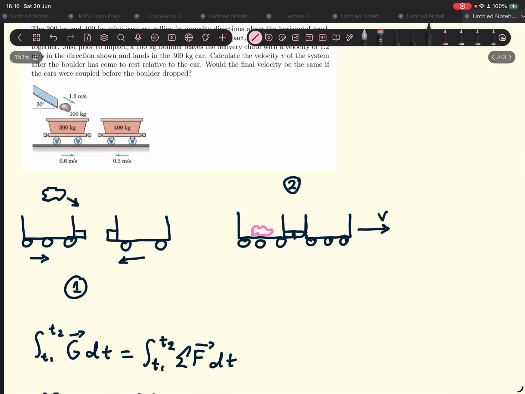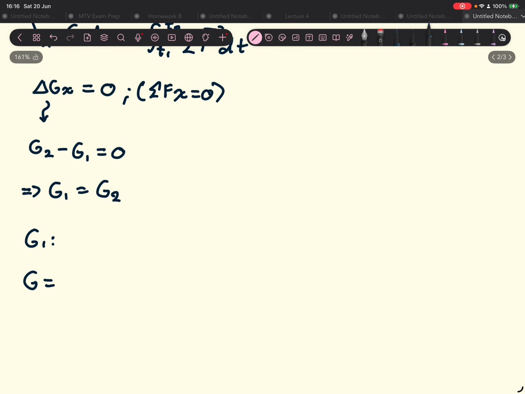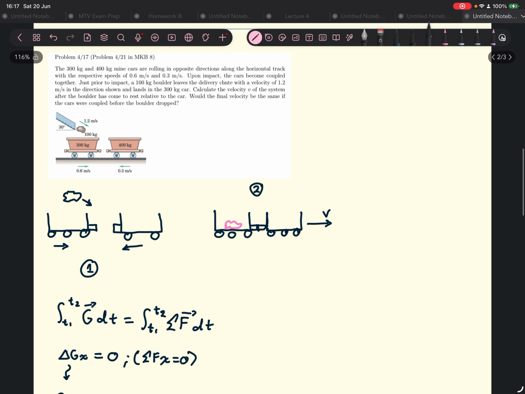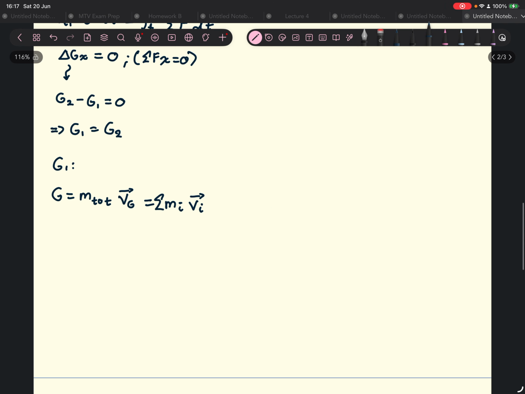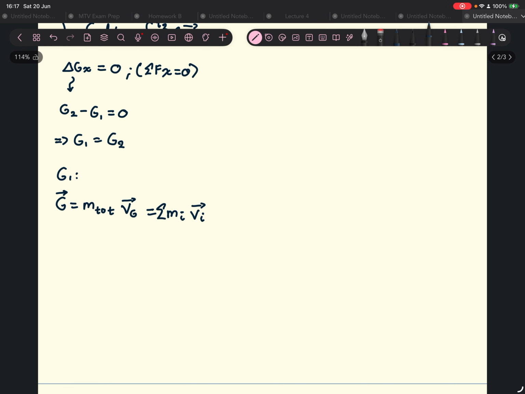Okay, so let's find the momentum at state 1. Remember, our momentum is equal to m total times the velocity of the center of mass, or it's equal to the sum of each of the masses times their respective absolute velocity, and this is for G as a vector, so both x and y components.